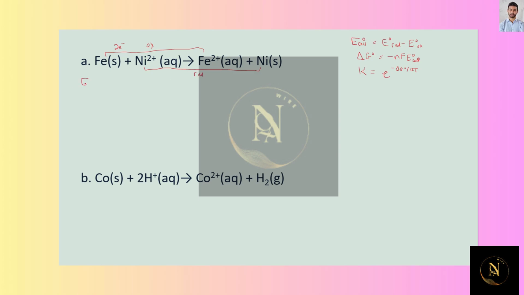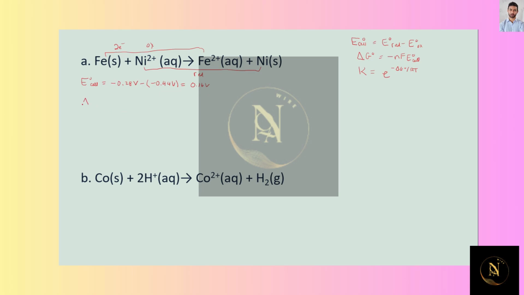So the E cell will be the reduction, the nickel, which is negative 0.28 volts, minus the oxidation, which is negative 0.44 volts. That gives E cell of positive 0.16 volts.